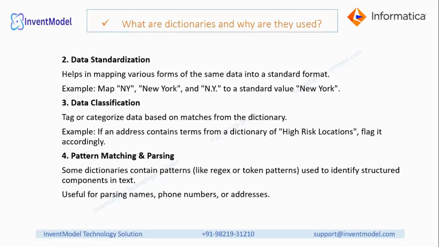These three will be treated as three different states if you do not standardize it. If you standardize it, in the target we will get only Newark, whether we are getting NY, N.Y., anything. So these three values will point to the same value. This is called data standardization.